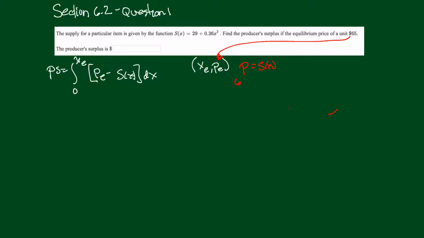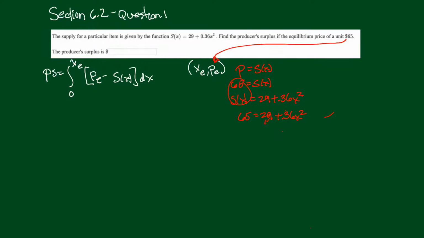Our price is 65. That's equal to our demand function. So our demand is given by this function, right? This is given in the problem. It's 29 plus 0.36x squared. But we have this relationship, so we're going to look at 65 equals 29 plus 0.36x squared.